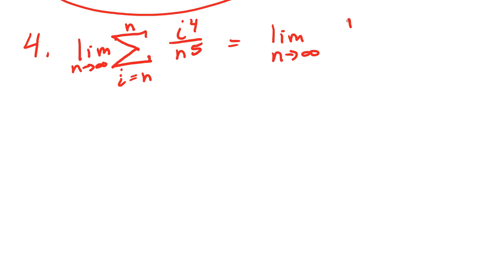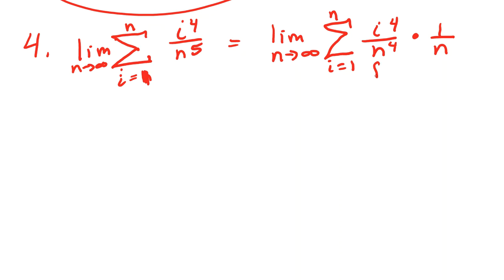Well, let's see if we can pull this apart. And to give you a clue here, this should be I going from 1 to n. How about if we turn this around or split this up here? And what if we made this an I to the 4th over an n to the 4th times a 1 over n?